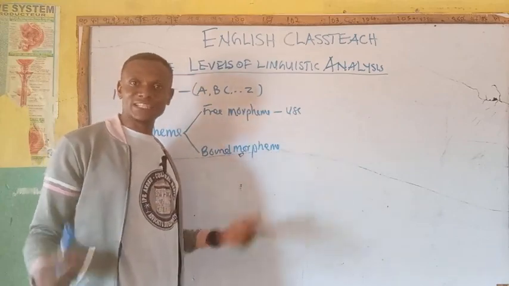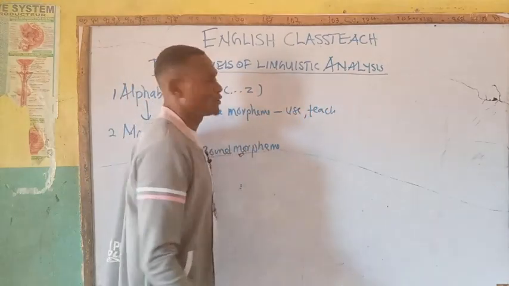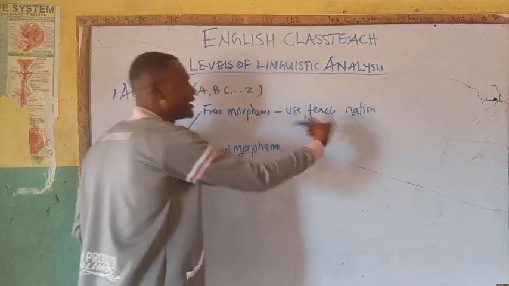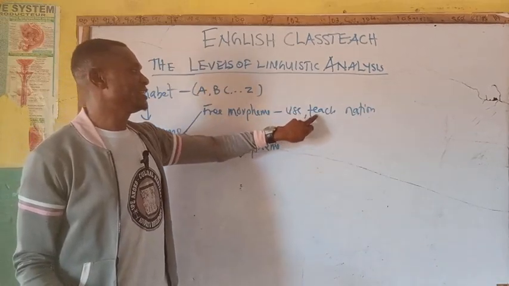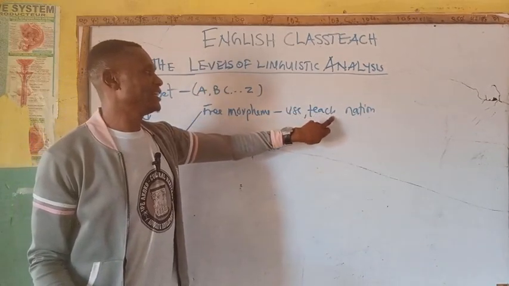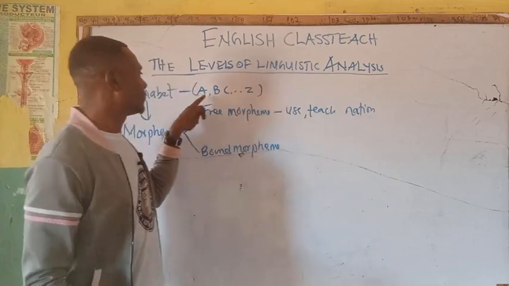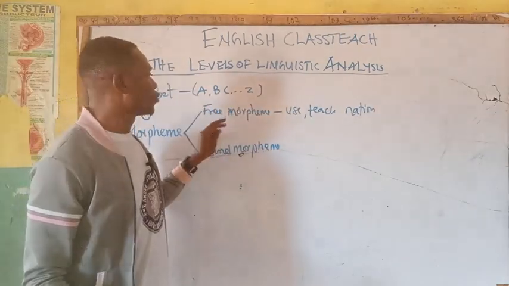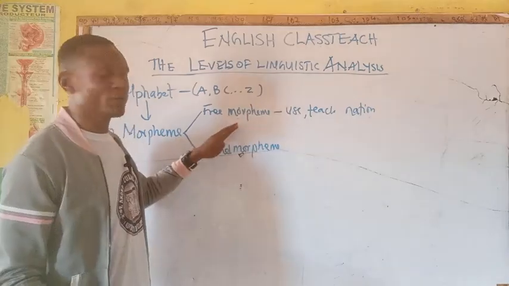Does it have meaning? Yes. Something like teach. Something like nation. All these are formed from letters A to Z. So when it is used like this, we call them free morpheme.